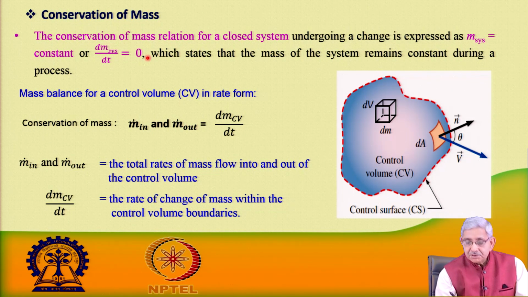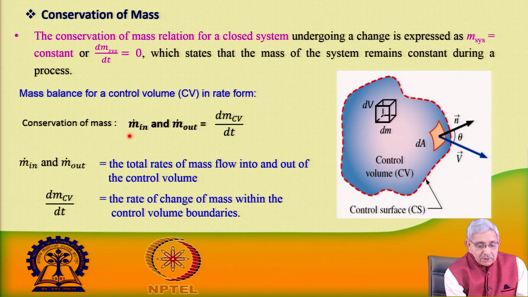The mass of the system remains constant during this process. Mass balance for a control volume CV can be given by m in, the mass entering the system, and the mass coming out of the system. This can be given as d by dt of m CV, the mass within the control volume.